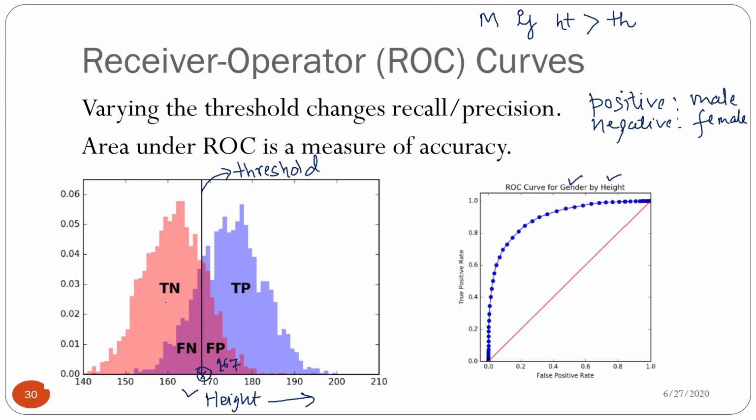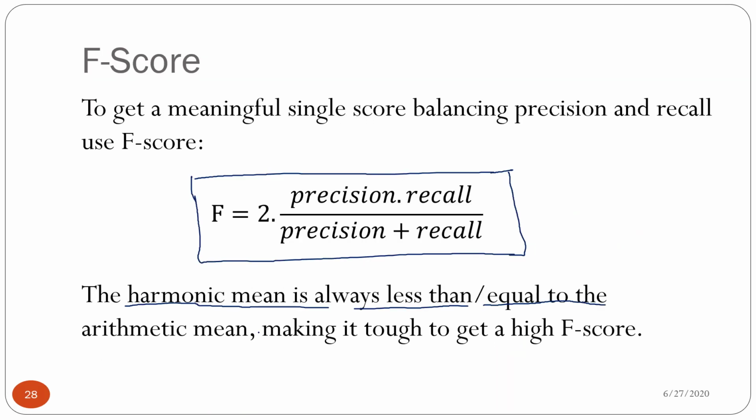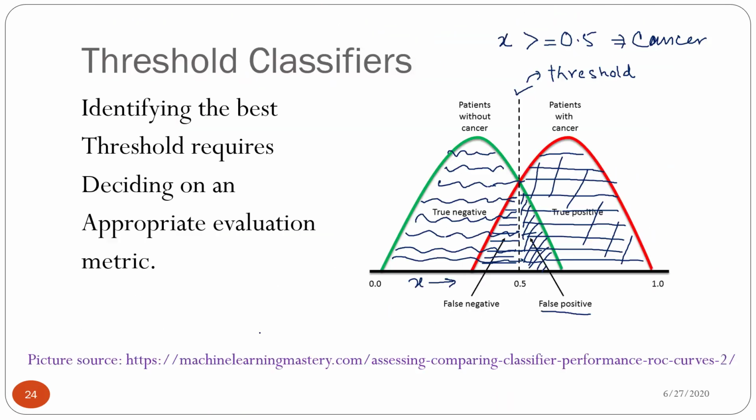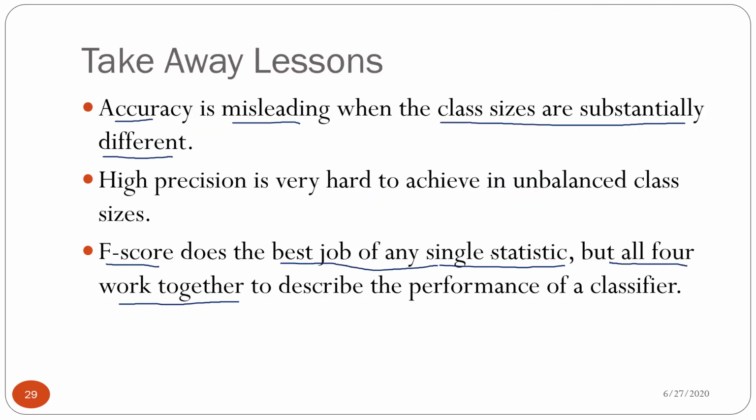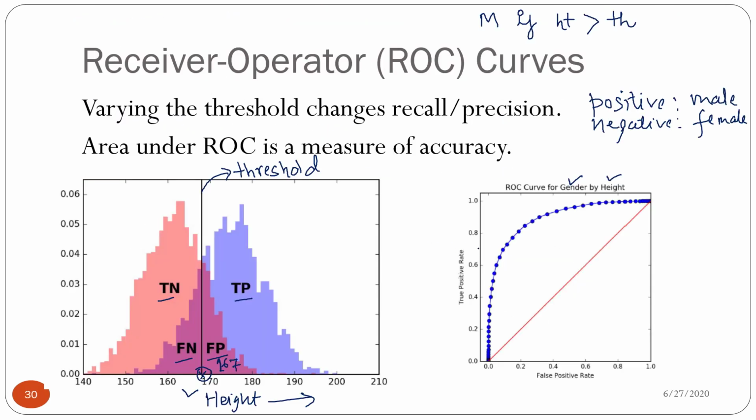I hope you understand true negative, true positive, false negative and false positive, because this is similar to this figure right here. But that figure is about a different example, which was about cancer, whereas the figure in our discussion on ROC is based on height. On the basis of height, we want to classify people as male or female.